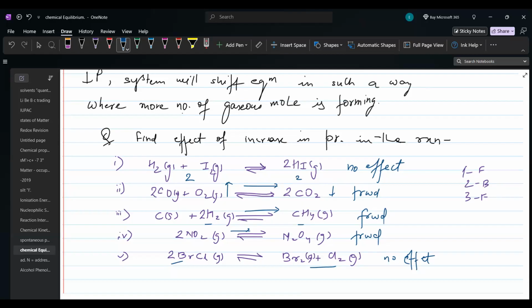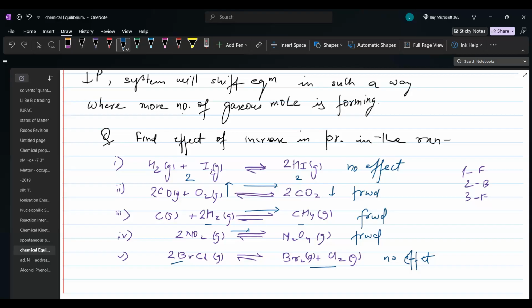We are increasing the pressure, but the number of gaseous moles on the reactant side and product side are the same. So no change will occur. Why? Because the gaseous moles on both sides are the same.